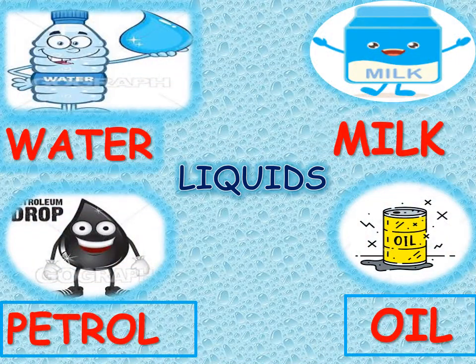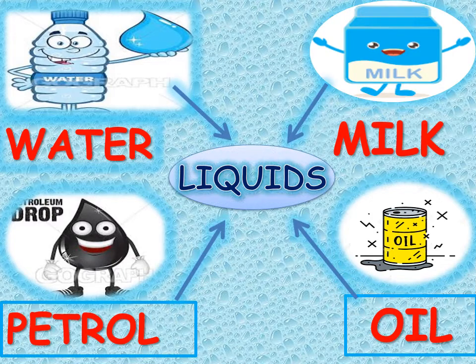Children, in your daily life, you are drinking water, milk, you are using petrol to run a car, bike, and oil that your mother may be using in the kitchen for preparing food. So all these items which we are using in our daily life, children, are known as liquids.